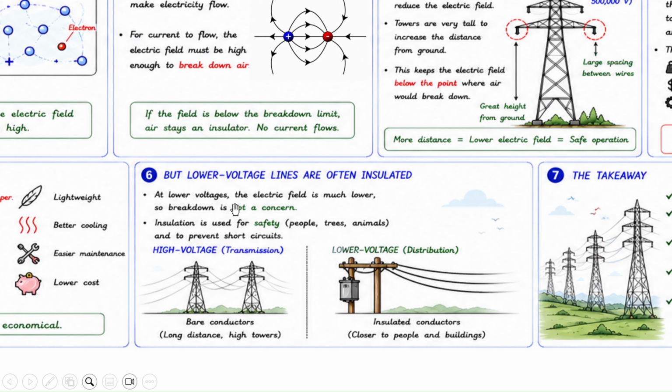However, at lower voltages, like in this case where we have not transmission lines but distribution lines that send electricity to residential premises or inside the city, the electric field from the lower voltage is low.